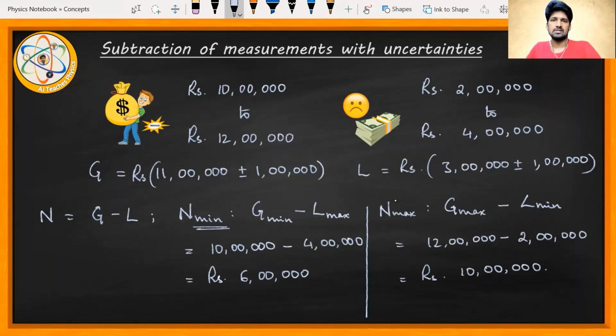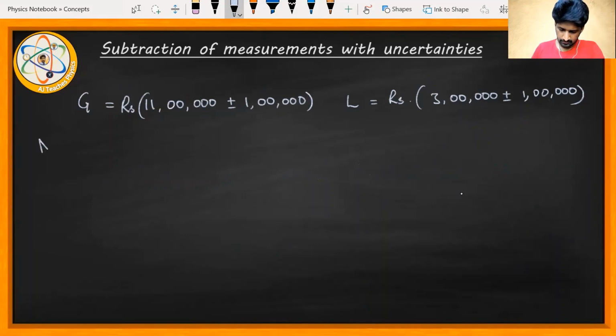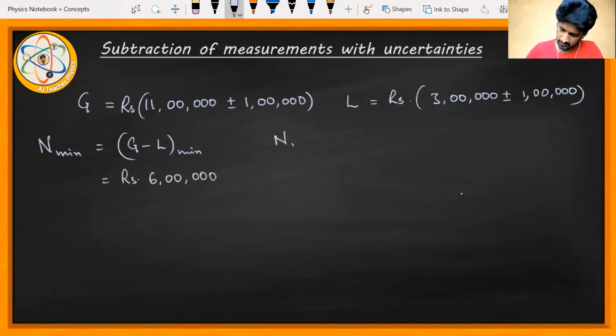Let us express this as one term. The minimum net amount, which is the minimum of gain minus the loss, is rupees 6 lakh. And the maximum net amount, which is the maximum value of gain minus loss, is rupees 10 lakh.